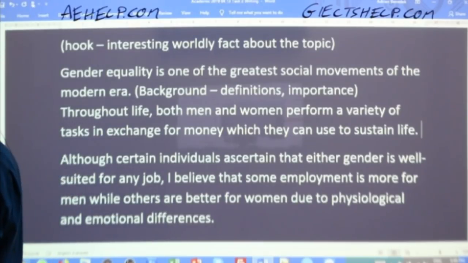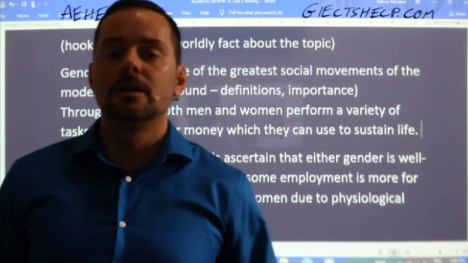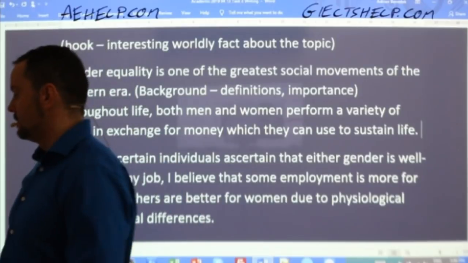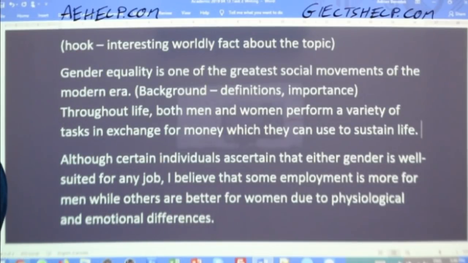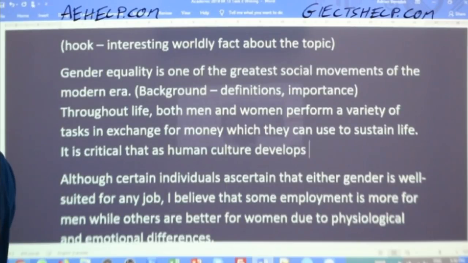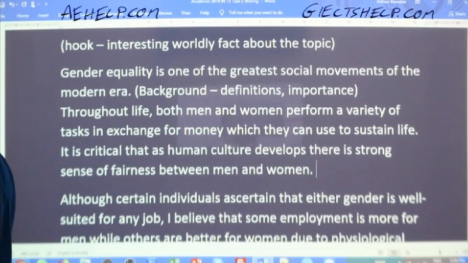Okay, so back to point here. So why is the question important? Because modern society wants to attain a balance, fairness, equality among men and women, right? So it is critical that as human culture develops, there is a strong sense of fairness between men and women, right?